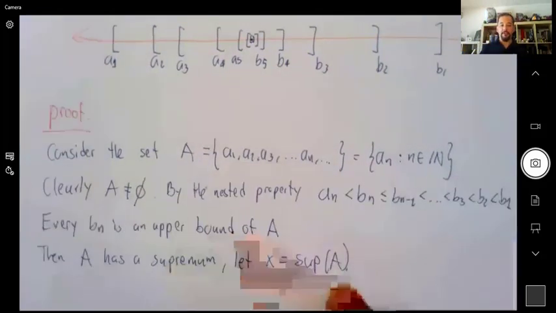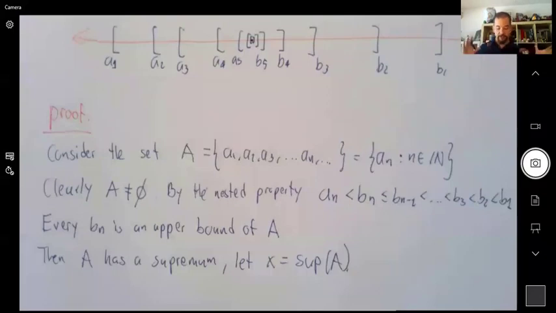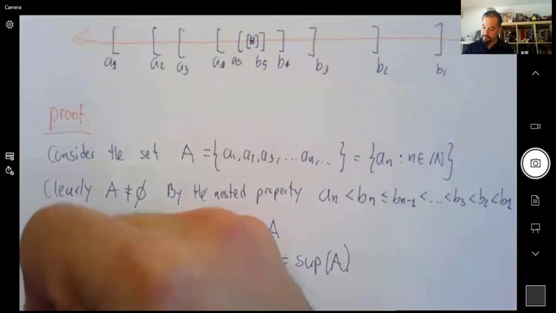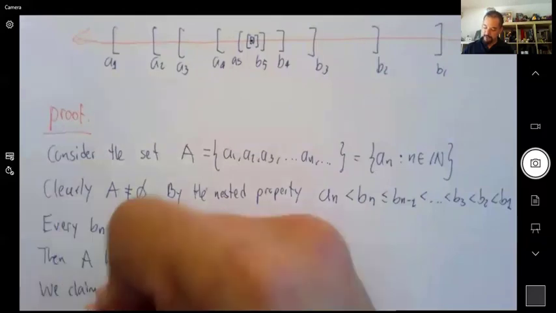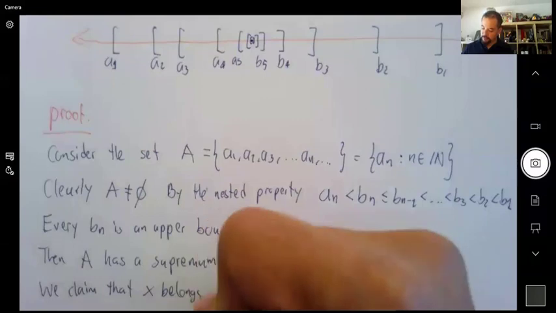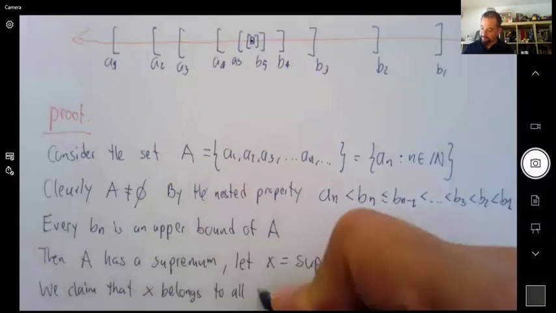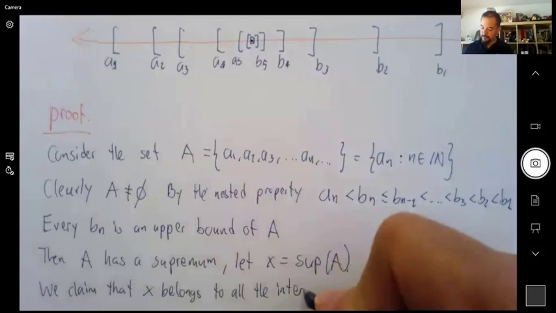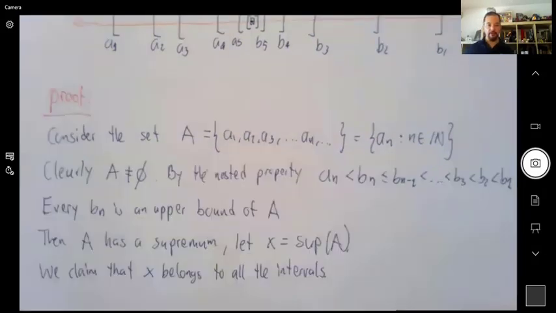I claim that X belongs to all of the intervals, right? And why is that? So we claim that X belongs to all the intervals. Well, why is that? Well, here we go.